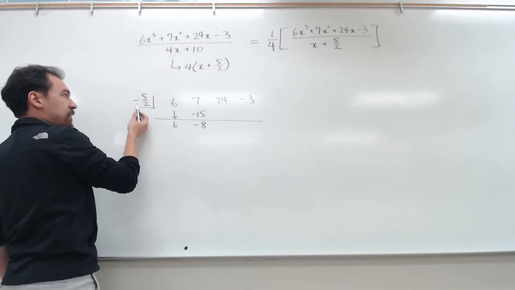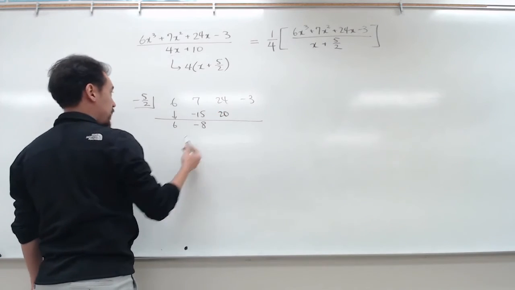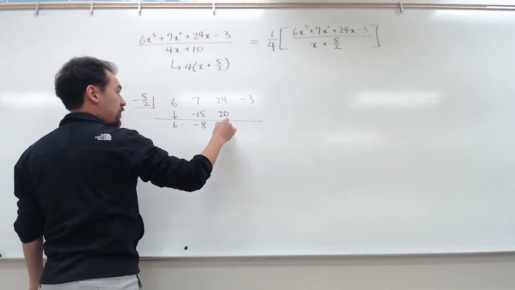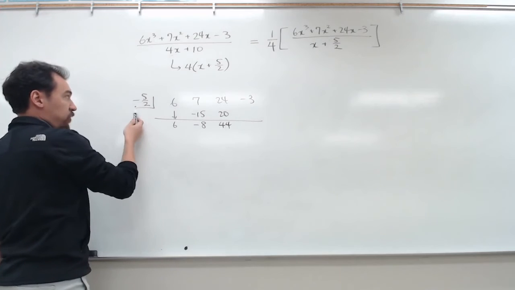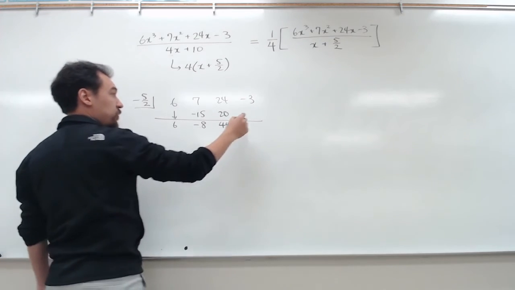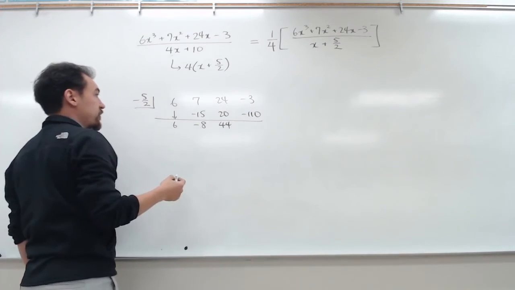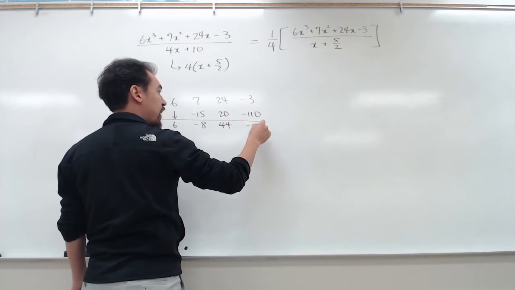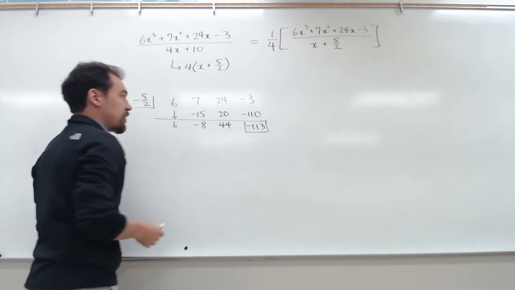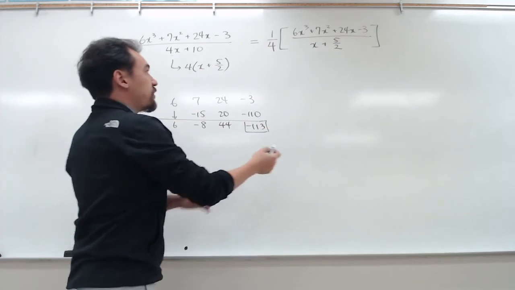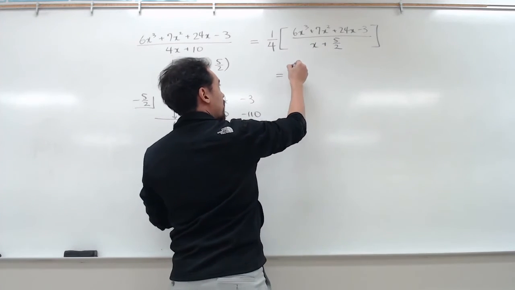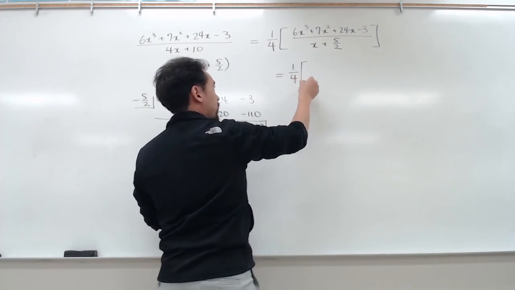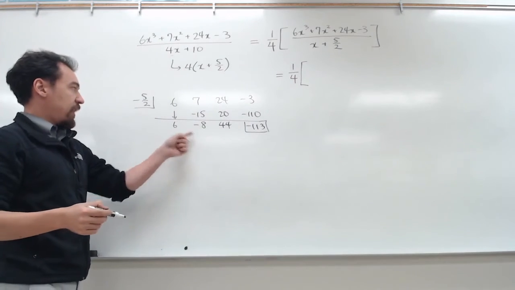Negative 8 times this gets me positive 20, and then bring it down, I will get 44. Then 44 times negative 5 halves, a little bit obnoxious, is negative 110, and then add these down is negative 113. So I'm going to very carefully retain the 1/4 we factored out, and then produce constant x, x squared.